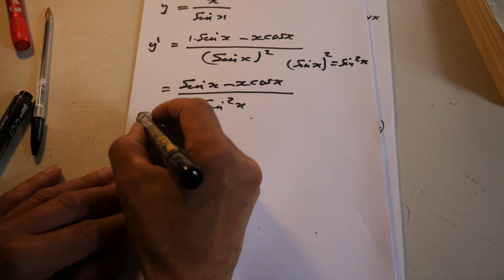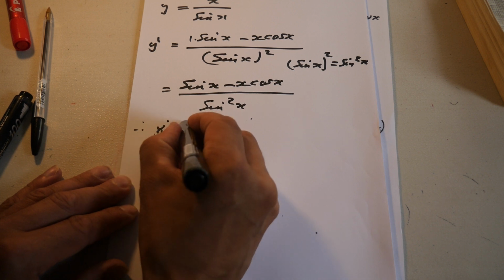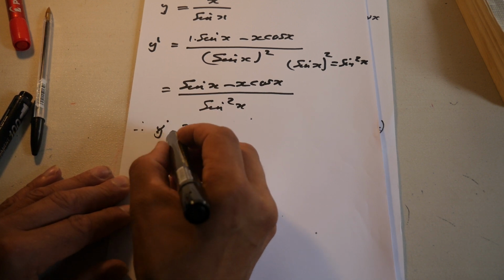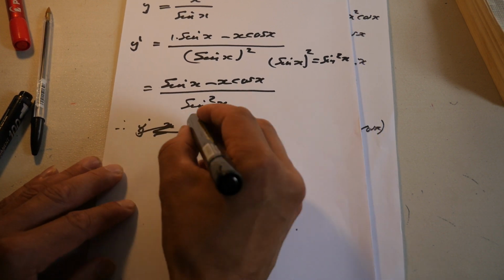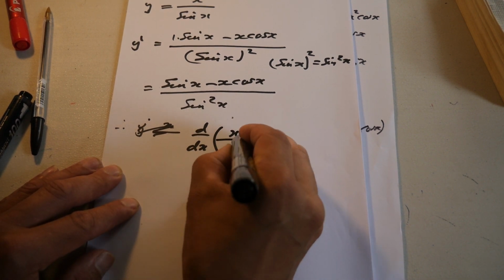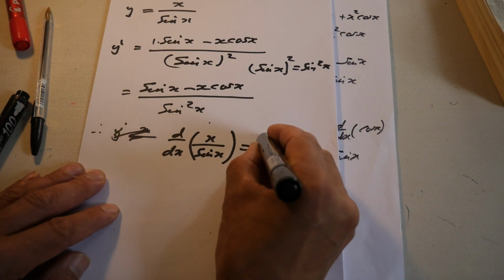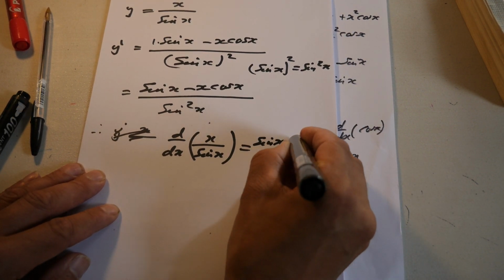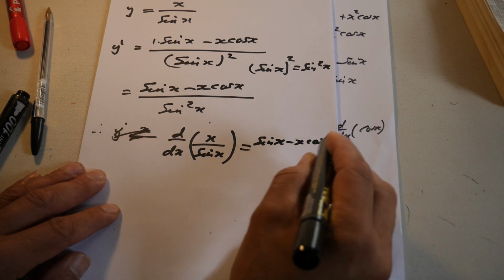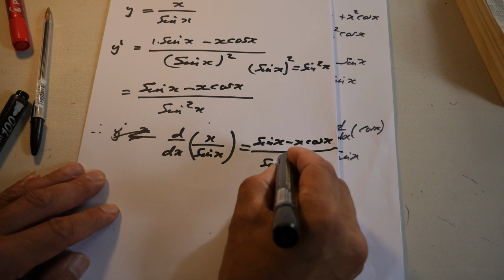So therefore d by dx of x over sine x equals sine x minus x cos x over sine squared x, okay?